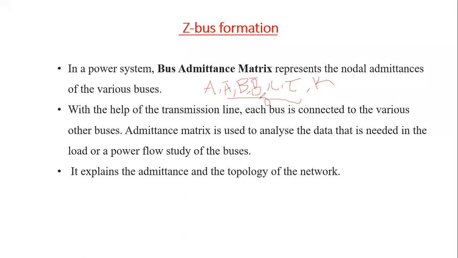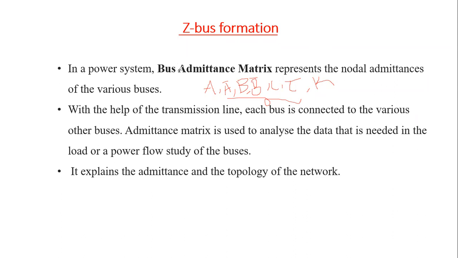By using these incidence matrices, we obtain the various network matrices. Finding A bar, B bar, C bar is a somewhat difficult process. That's why we are forming the Z bus matrix.